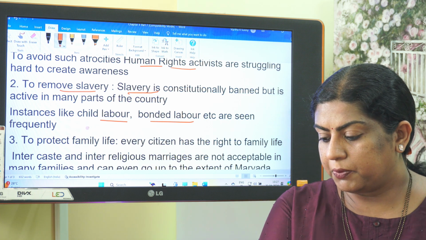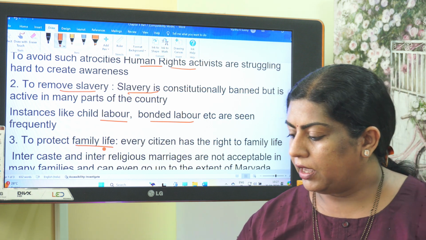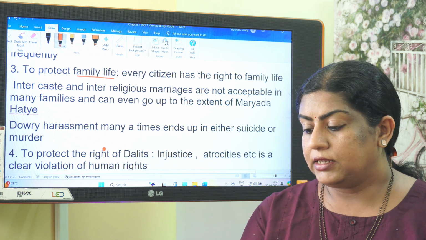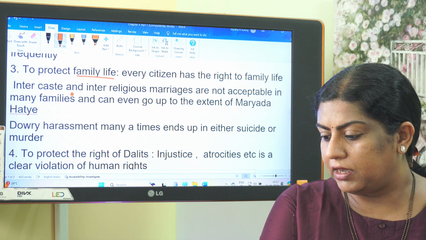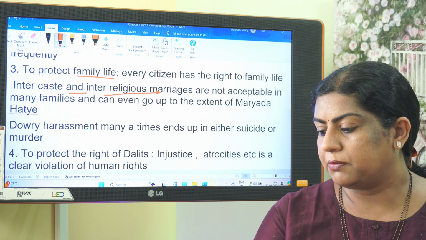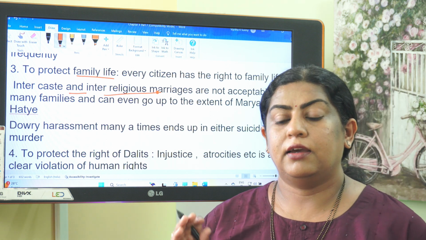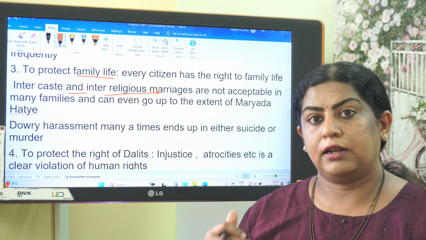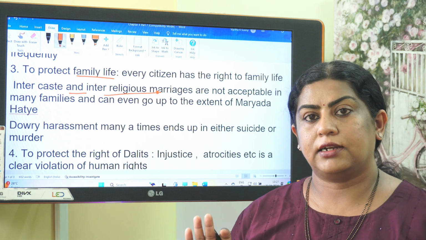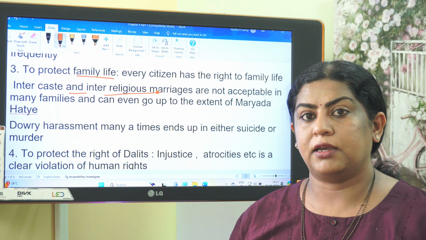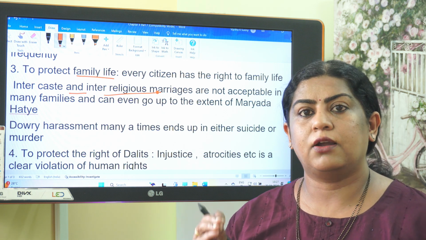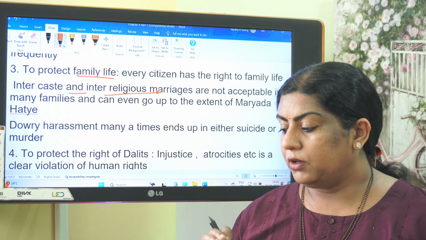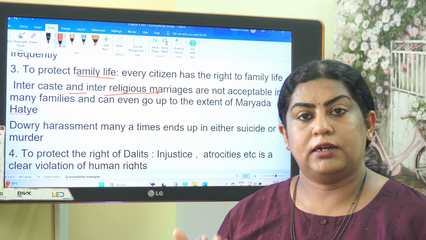Next is to protect family life. Every citizen has the right to family life. But regarding marriages, intercaste and interreligious marriages are still not acceptable in many families, and they can go even to the extent of Maryada Hatye.